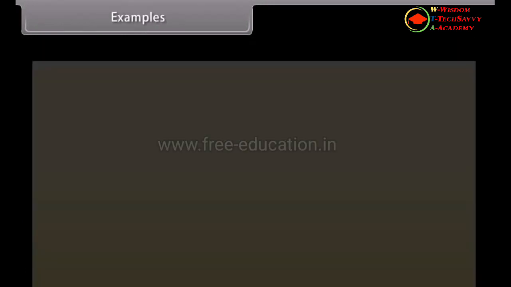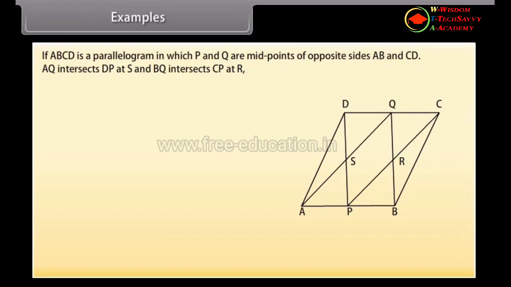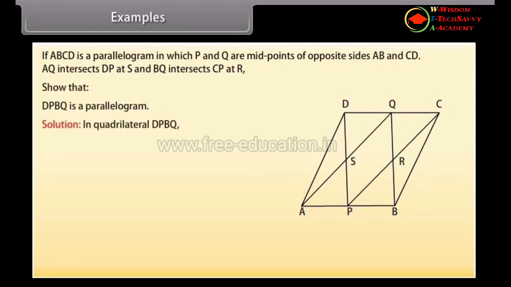Examples: if ABCD is a parallelogram in which P and Q are midpoints of opposite sides AB and CD, AQ intersects DP at S and BQ intersects CP at R, show that DPBQ is a parallelogram. Solution: in quadrilateral DPBQ, DQ is parallel to PB since DC is parallel to AB.